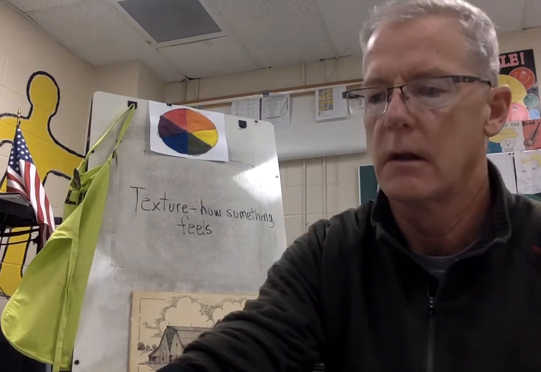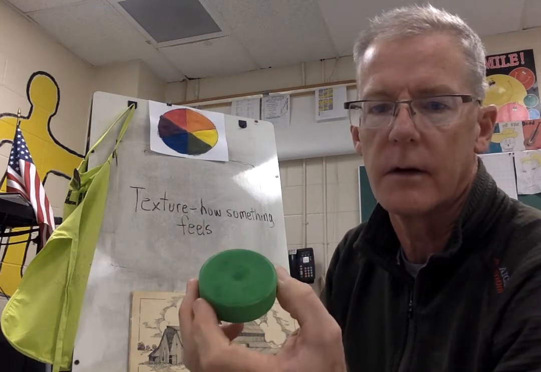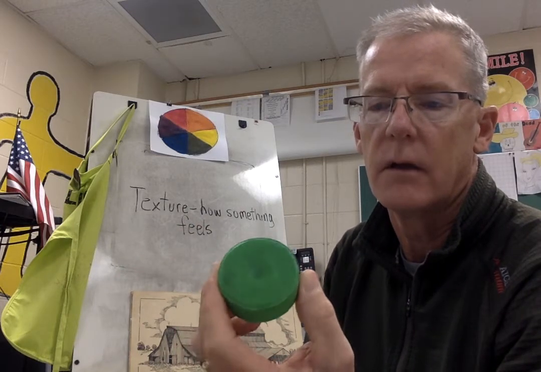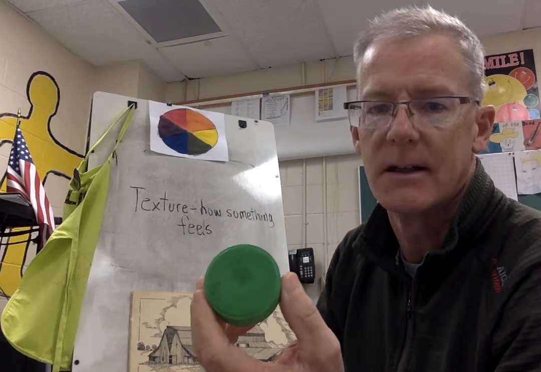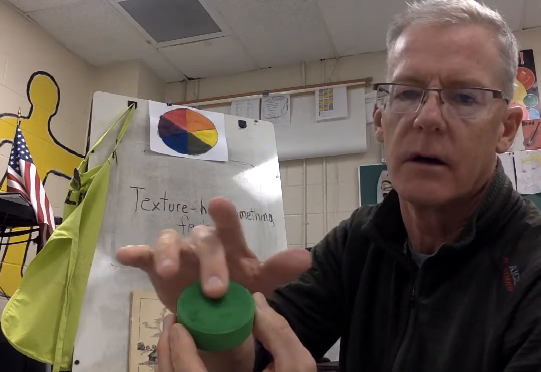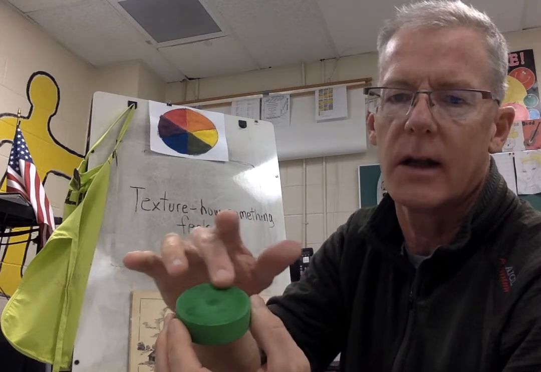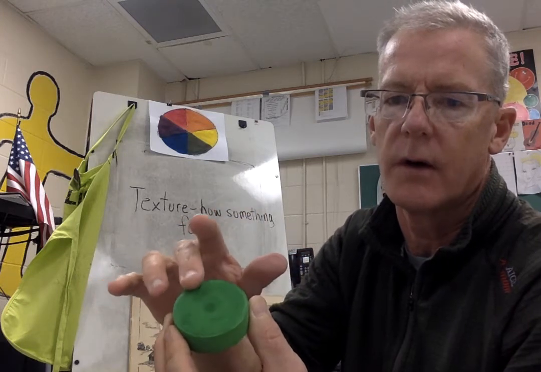This paint cake. Yes, that's a paint cake. It's very hard and dense. It's kind of heavy. But the outside of it is kind of rough. Not quite like sandpaper, but it's still somewhat rough.